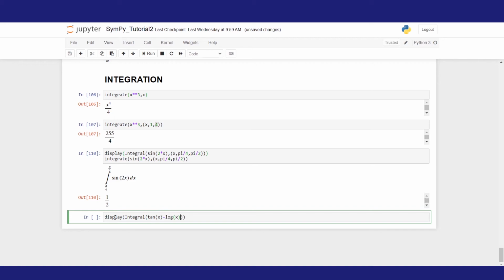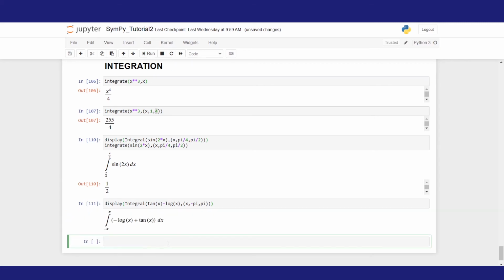This is kind of complicated, but let's just see what it will give us. And this is x, and then we need from minus pi to just pi. So when we display that, let's see what we have. We have something like this, minus log of x plus tan of that.